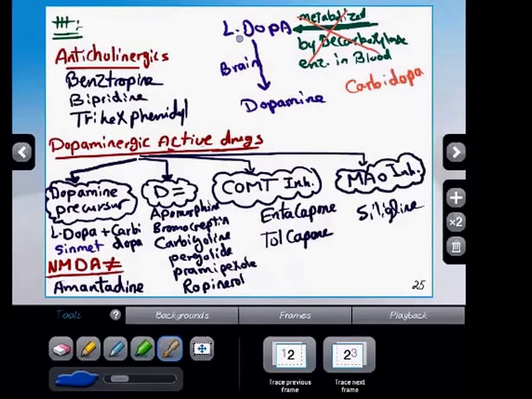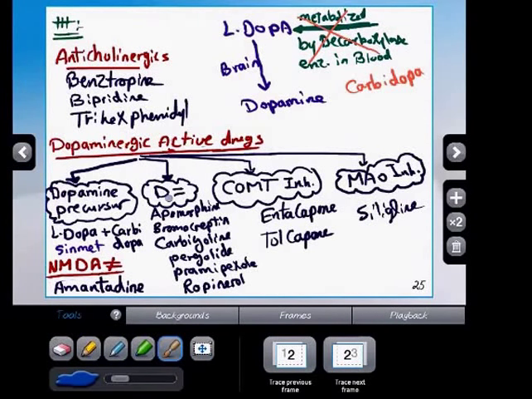So we need something that protects L-dopa from being metabolized until it reaches the brain. So what is this drug? Carbidopa. Carbidopa inhibits the metabolism of L-dopa by inhibiting the decarboxylase enzyme in the blood. So it prevents the metabolism of L-dopa until it reaches the brain and gives dopamine inside the brain.